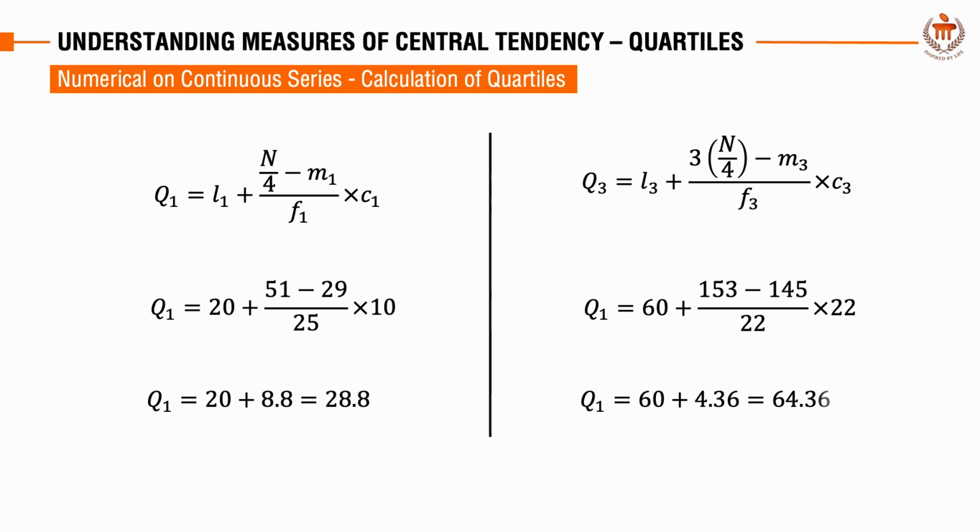So 80 by 22, which is 40 by 11. 40 by 11 is 3 and 7 by 11, and 7 by 11 is 0.6363, like that.